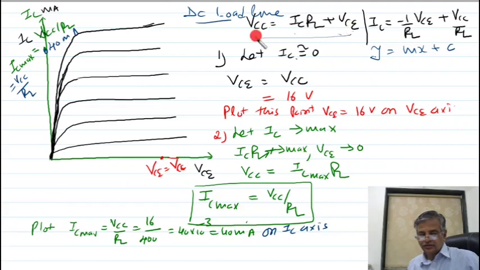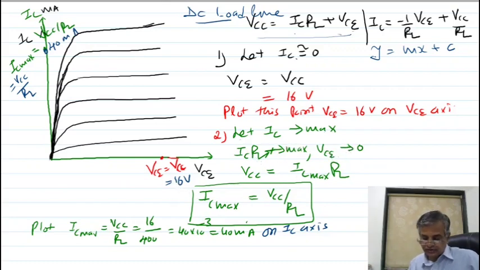Then VC is equal to VCC, say 16 volt. Put this point on this axis. Second, let IC be maximum. Then this product is maximum, and VC tends to 0.